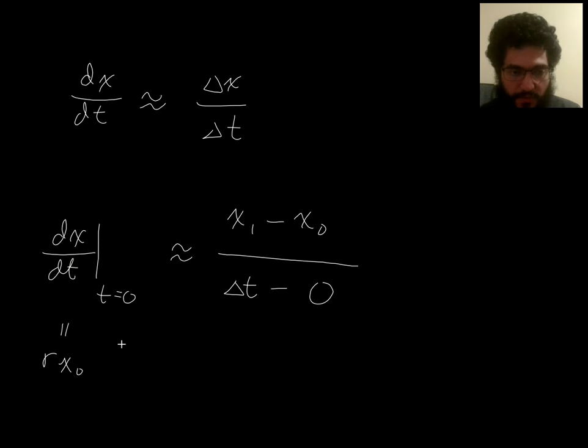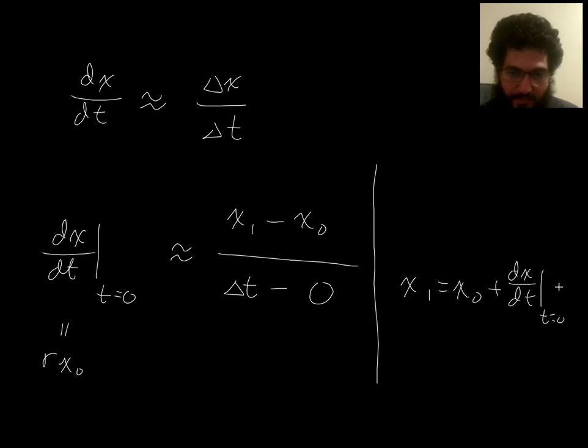So then, if I want to know x1, I can solve for it in this approximate equation. Multiply both sides by delta t, and then add x naught to both sides. So x1 is x naught plus that times delta t.